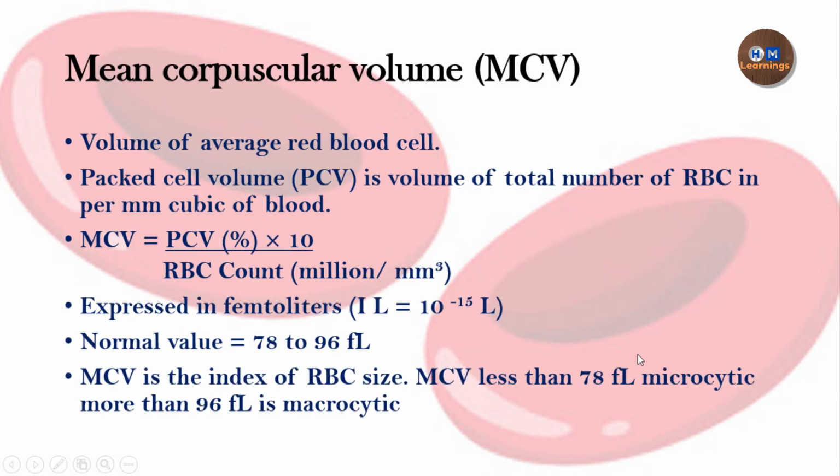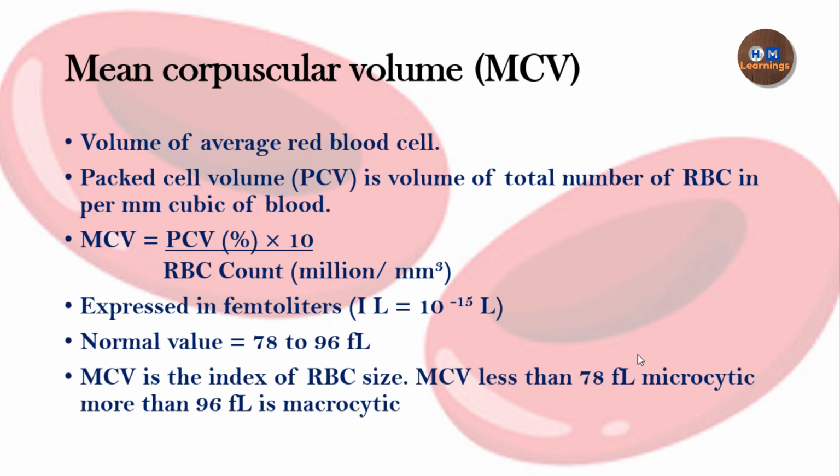Okay, so we'll start with the first one, which is the mean corpuscular volume. This is basically the volume of a single RBC, that is the average volume of a single red blood cell. We know that the packed cell volume is basically the volume of the RBC in 100 ml of the blood, and we also know that the RBC count is measured in 100 ml of the blood.